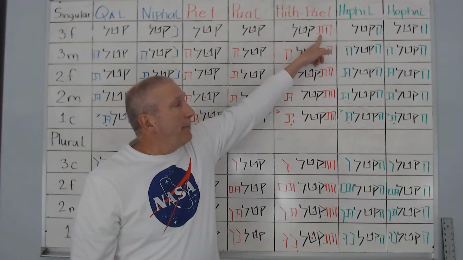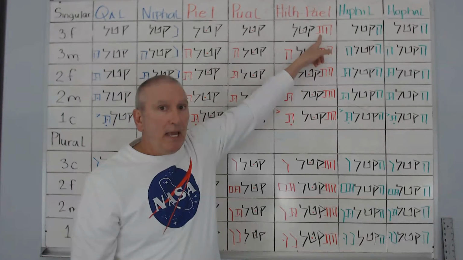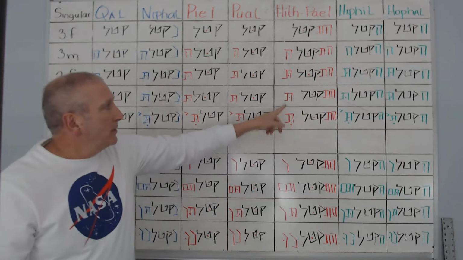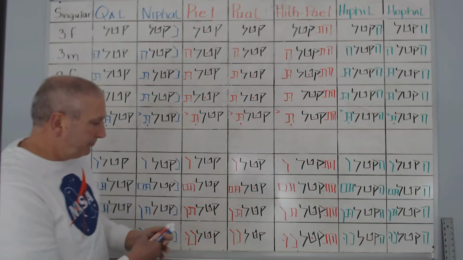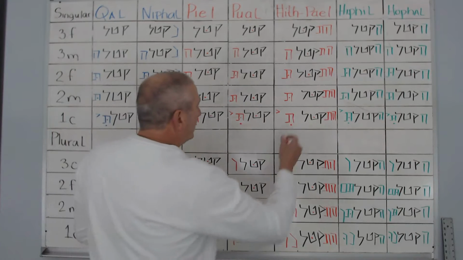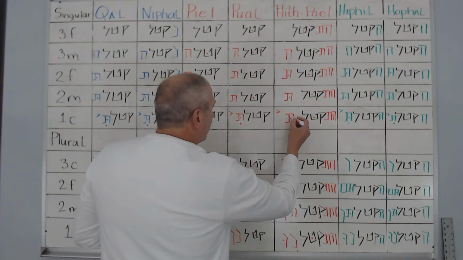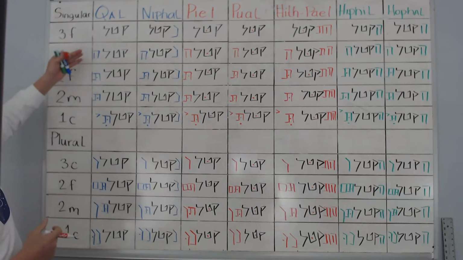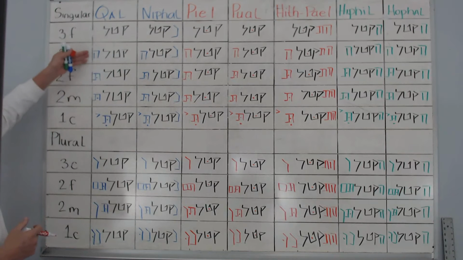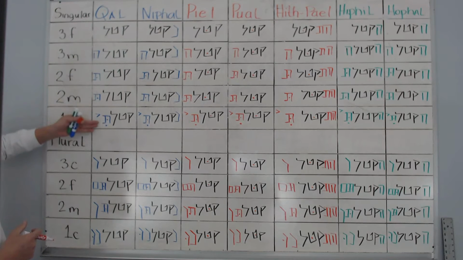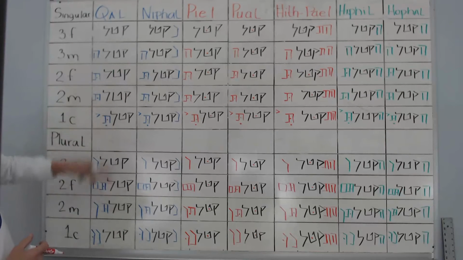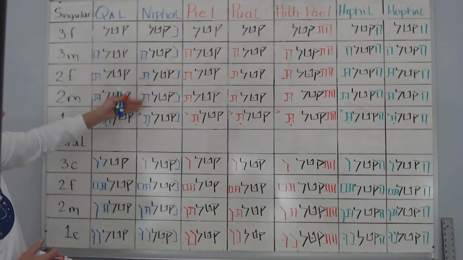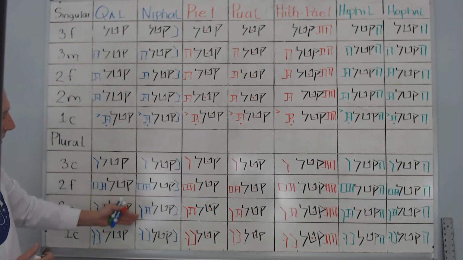Where it's absent, it's the soft TH. Where it's present, it's the hard T. That's good news. But remember, we knew that before we punctuated it because we had memorized our endings, going ta, ti, ti, tem, ten, nu, and we hadn't even inserted the vowels. I was just using the sounds.